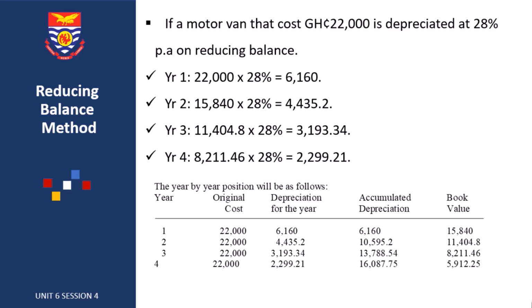So in year 1, 6,160 will be debited to the profit or loss account. In year 2, 4,435.2 will be debited to the profit or loss account. In year 3, 3,193.34 will be debited to the profit or loss account. And in year 4, 2,299.21 will be debited to the profit or loss account.